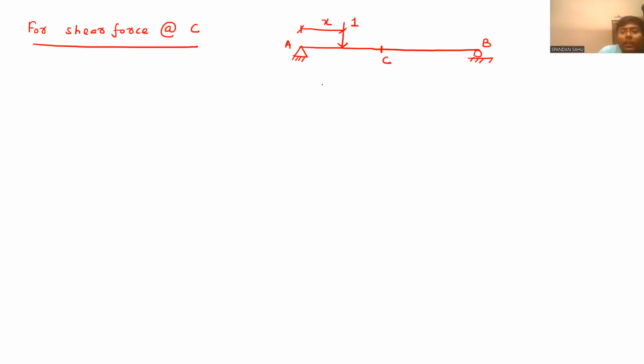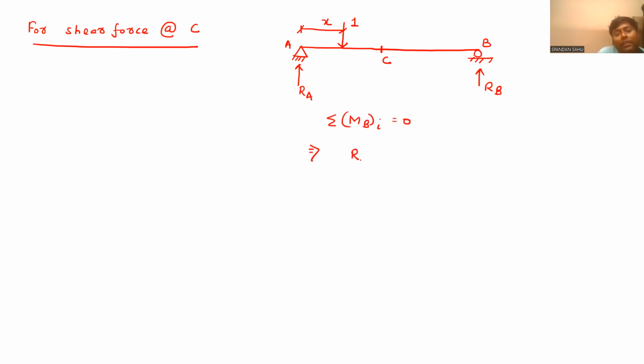Now from equations of static equilibrium, we can find this RA and RB because this is a statically determinate structure. Now let us do summation of moment about point B equal to 0.